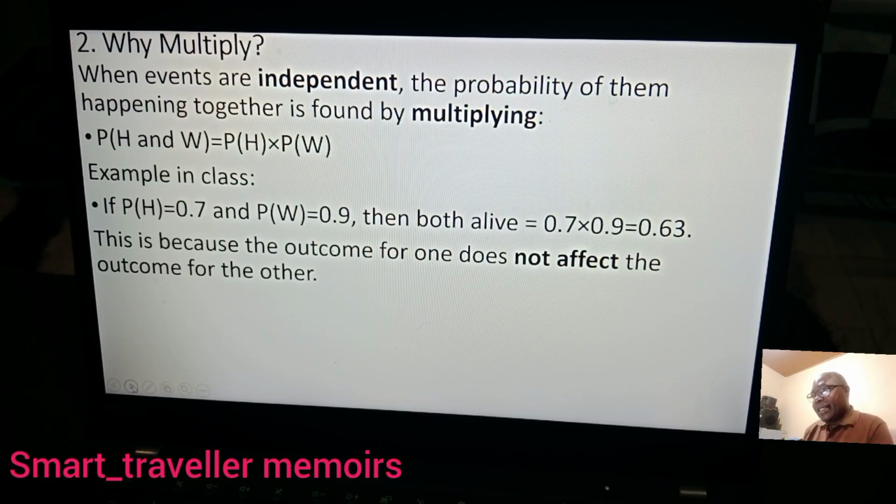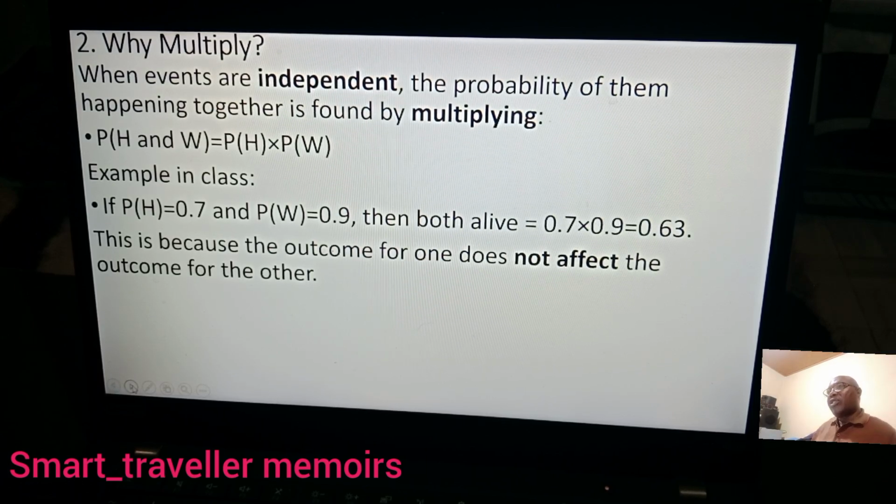Example in class. If PH is 0.7 and PW is equal to 0.9, then both alive is 0.7 times 0.9, which is 0.63. This is because the outcome for one does not affect the outcome for the other. That is, they are independent.